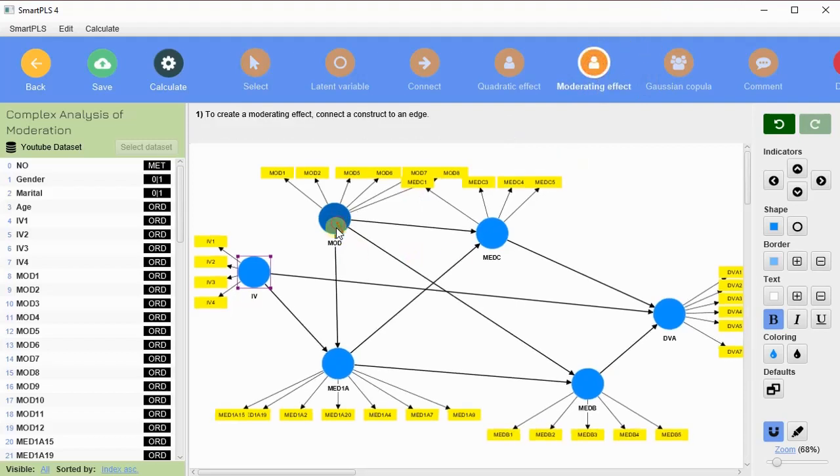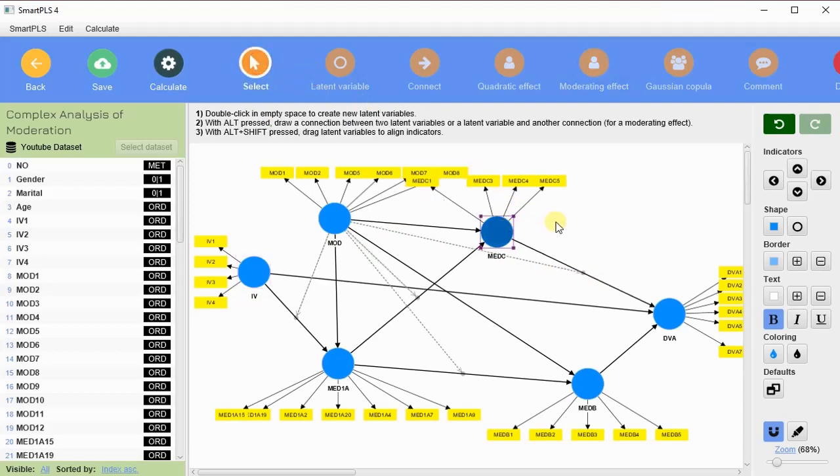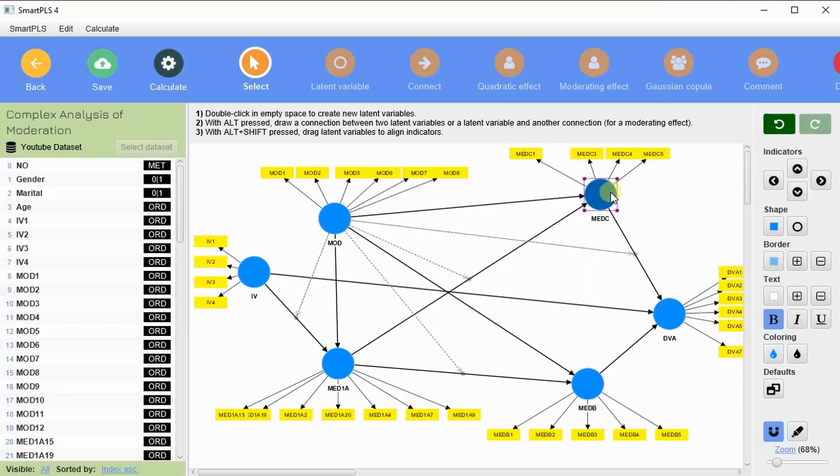We can draw a moderating effect from the IV to mediator 1. Then we can draw the effect of mediator 1 to mediator 2, then mediator 1 to mediator B, and similarly you can also draw a moderation effect between the mediator C to dependent variable.